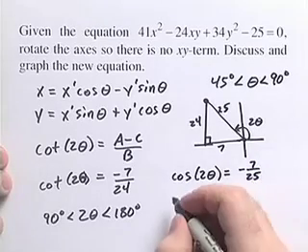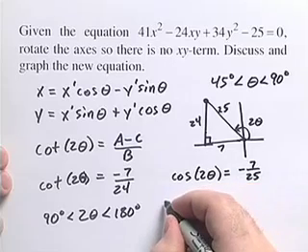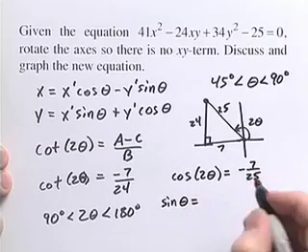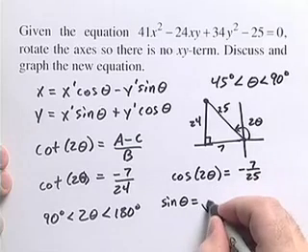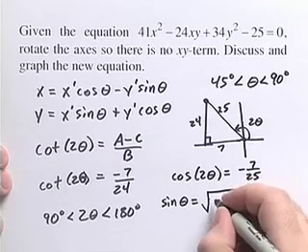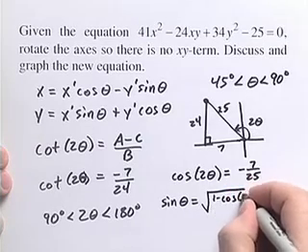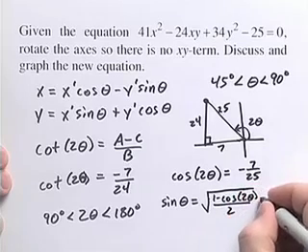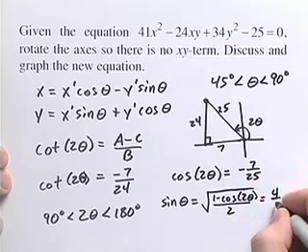We want to find the sine of theta and the cosine of theta next. The sine of theta is equal to the square root of (1 minus cosine of 2 theta) divided by 2, and that's going to equal 4/5.